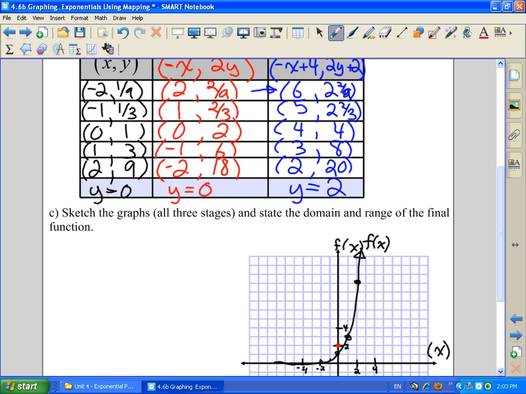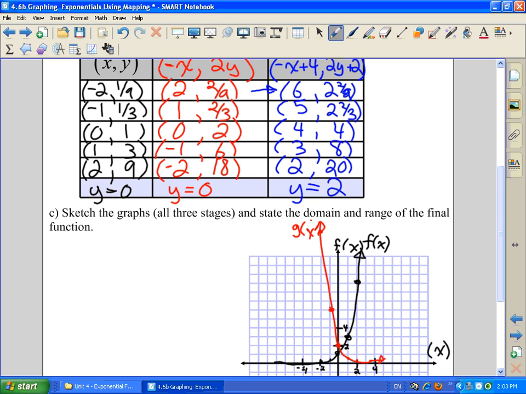So when I go to plot the rest of my points here, if I go -1 and 6, and -2 and 18, which is way up here, and then I go to my fractions here. So if it's 1, it's 2/9 and 2/3. Sorry, my fault. -1 and 2/3. Sorry, 1 and 2/3, and then 2 and 2/9. Okay, good. So that's my g at x.